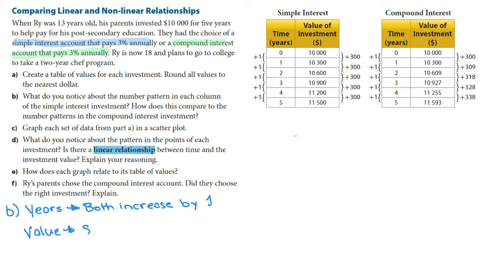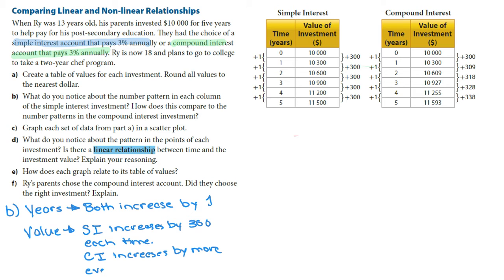So the simple interest, I'll call it SI, increases by 300 each time, while the compound interest, I'll call it CI for compound interest, increases by more every year.